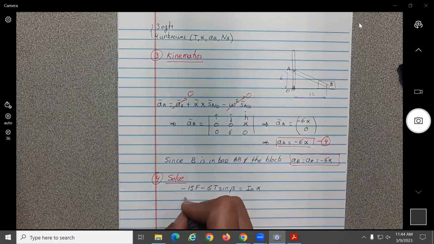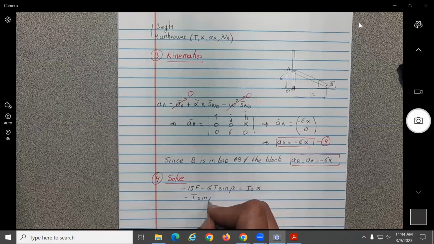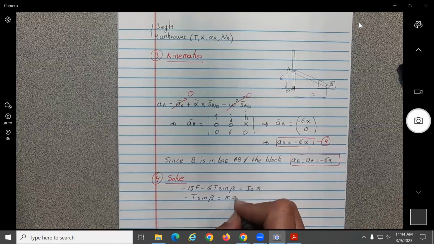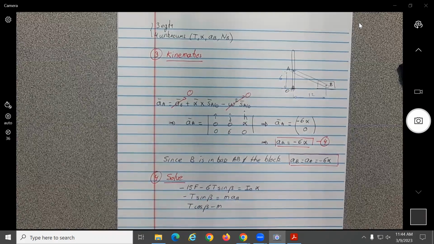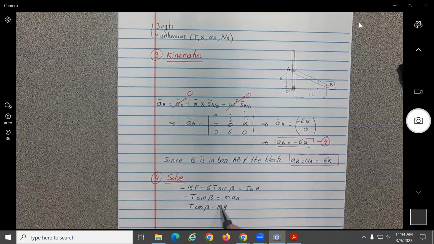We have negative T sine beta equals M a sub B, and T cos beta minus M G, I called it MBG, but maybe just call it MG, because these M's are the same.